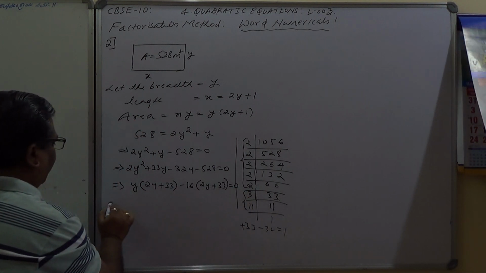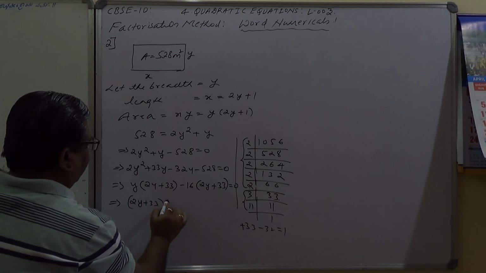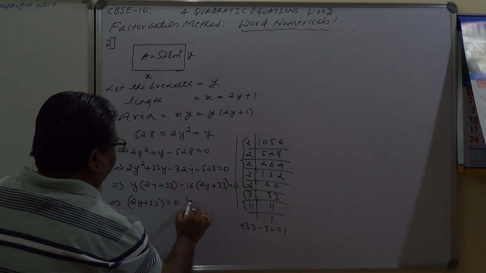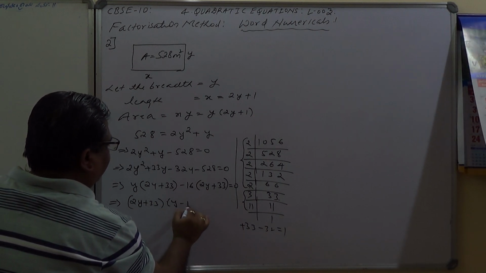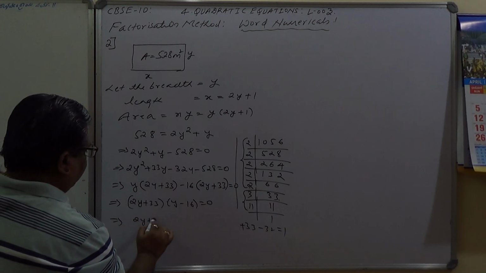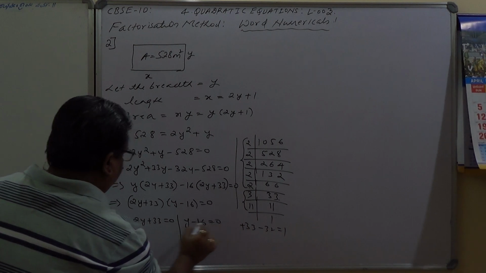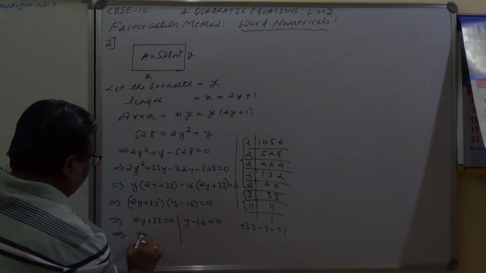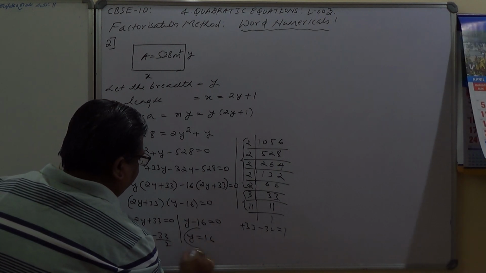This implies 2y plus 33 equals 0 and y minus 16 equals 0, implies y equals minus 33 by 2 and y equals 16.